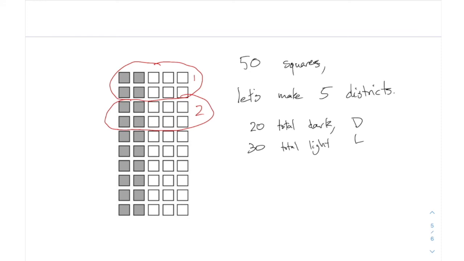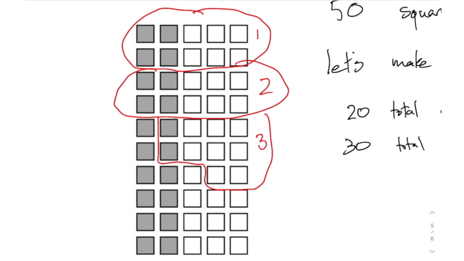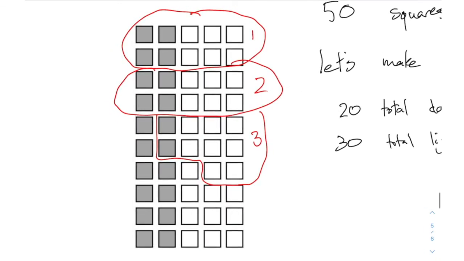Now for district 3, I'm going to go like this. That's district 3. District 4 is this. And then 5 is all the rest over here. So I've made 5 different districts by dividing up the dots in a certain way.